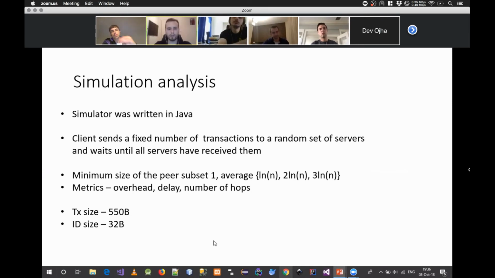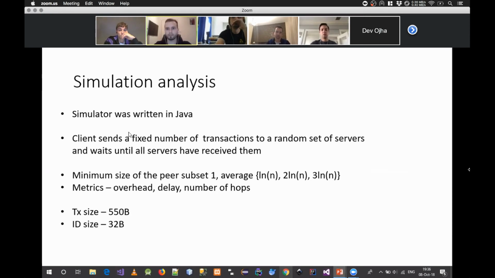As we know, the number of hops represents the number of servers when we disseminate a message from the source server to the destination server. The number of servers on a message path from the source server to the destination server represents that number of hops. So the simulation was focused on comparing these three metrics for the current solution and for the push-pull-push algorithm.